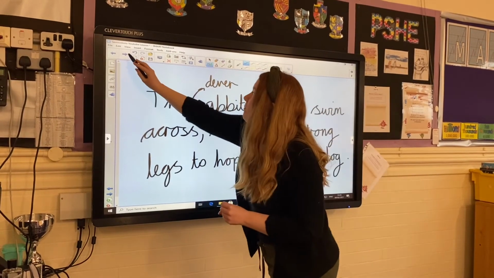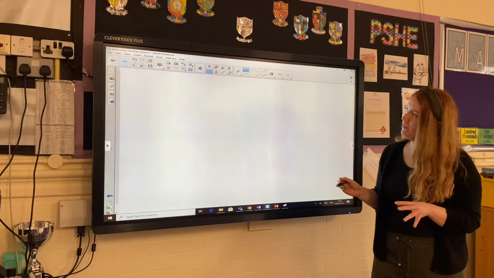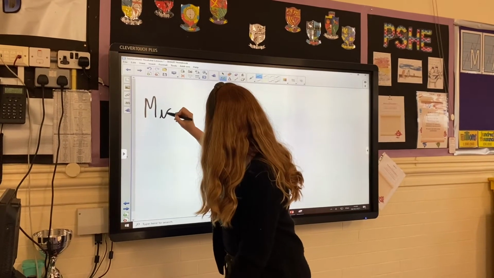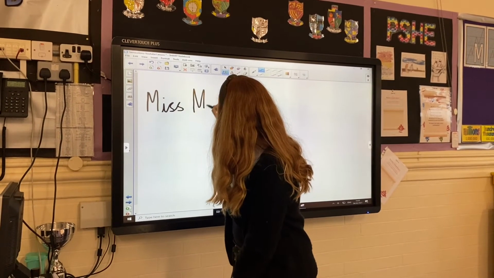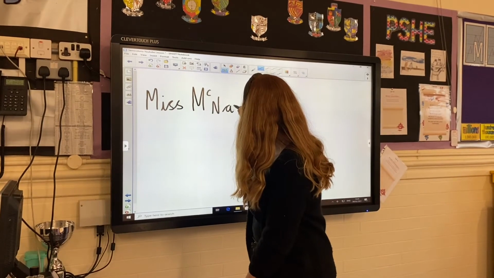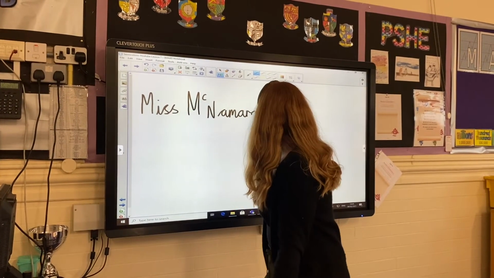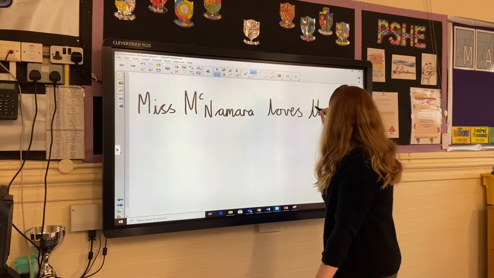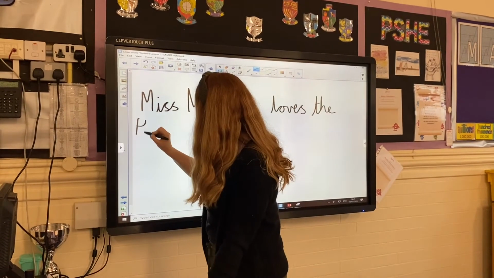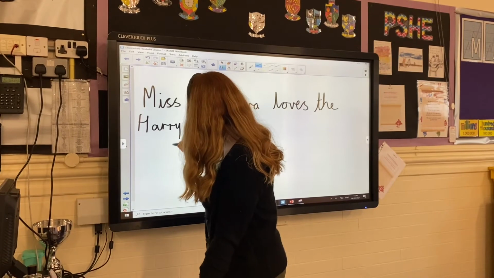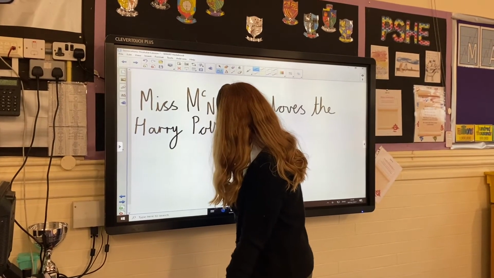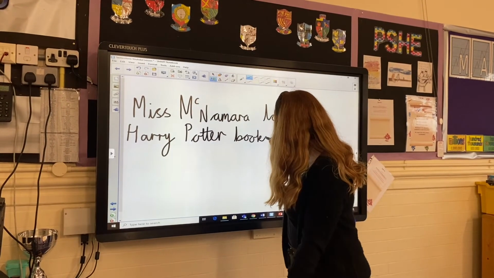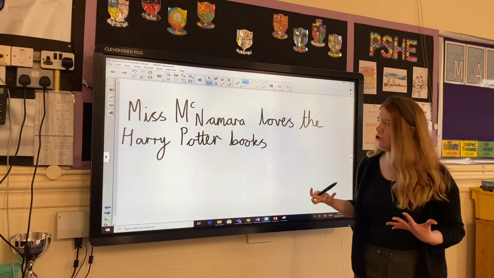Okay, let's try a different one. This time I'm going to try to think of, not from the story, I'm going to try and think about myself, so we all know I'm a bit obsessed with Harry Potter. So, Miss McNamara loves the Harry Potter books. Again, here isn't where I'd normally put either a full stop or conjunction. Instead, I'm going to use my semicolon.